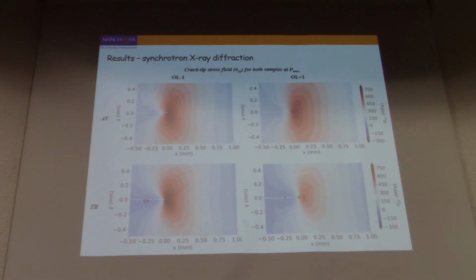After overload, one thousand cycles after overload, we can say the stress for both cases is reduced, however, to different levels. For the TR case, it is more significantly reduced due to the residual stress effect.